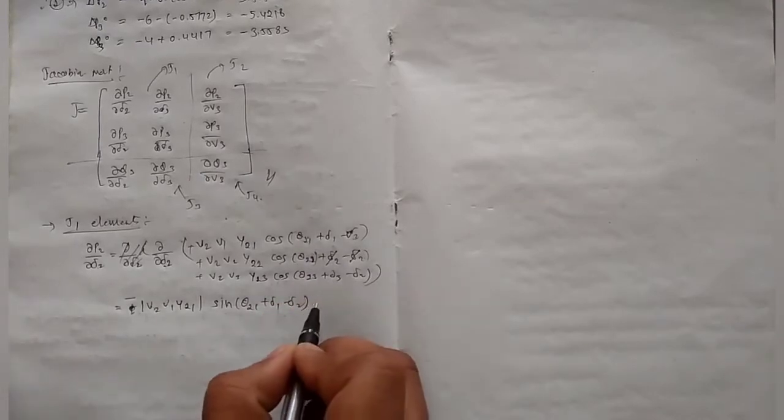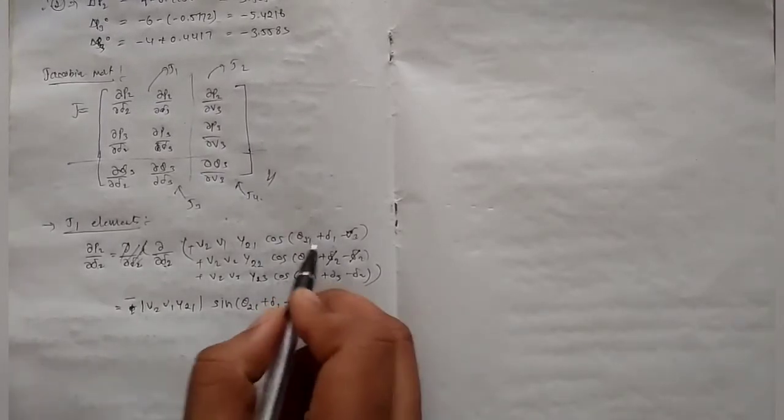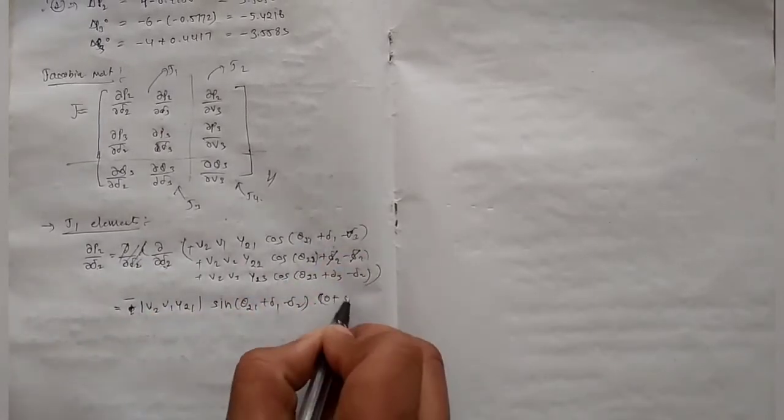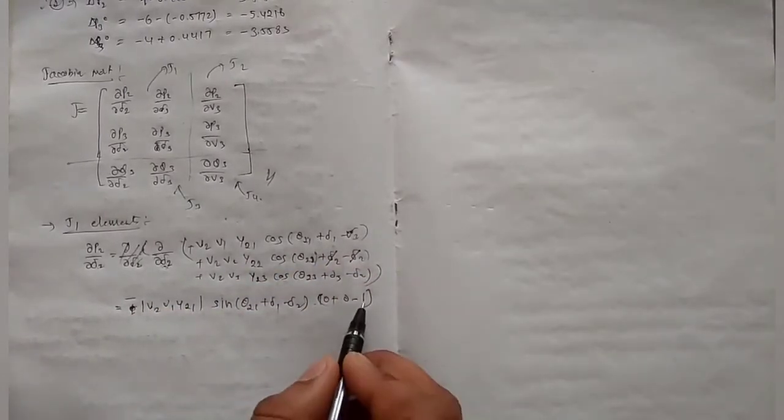With respect to δ2, θ21 is constant so it becomes 0, δ1 with respect to δ2 becomes 0, and δ2 with respect to δ2 becomes 1. Okay, minus 1; this minus 1 is multiplied and we'll get plus 1.